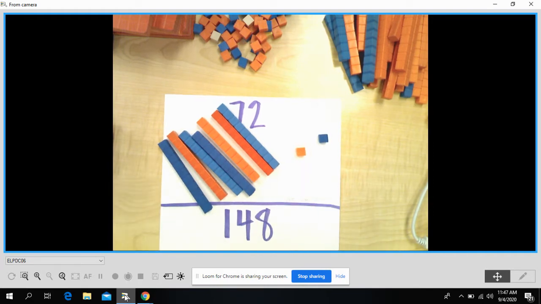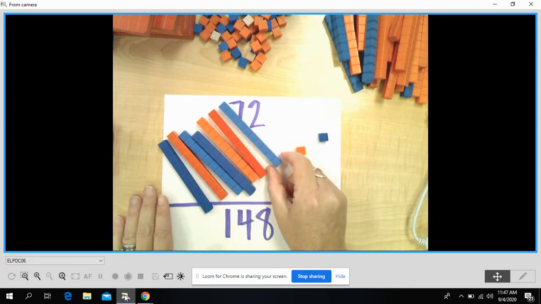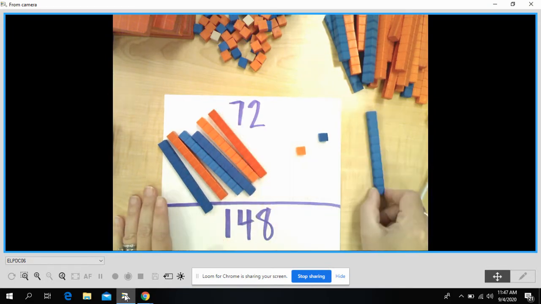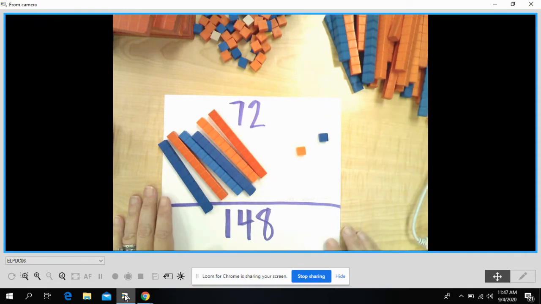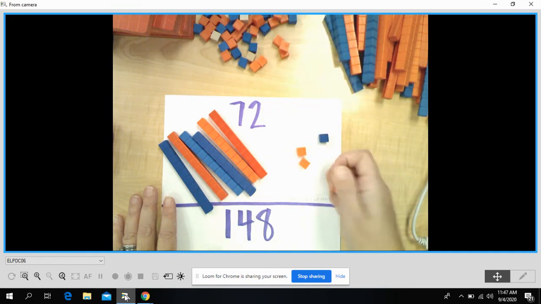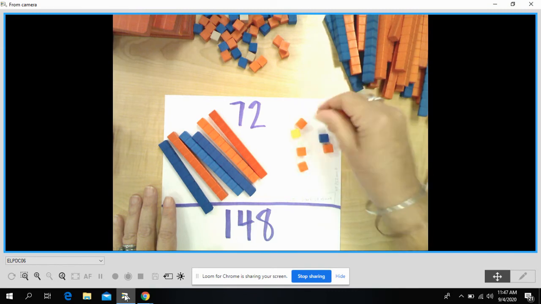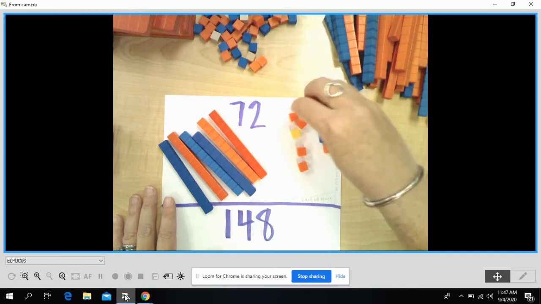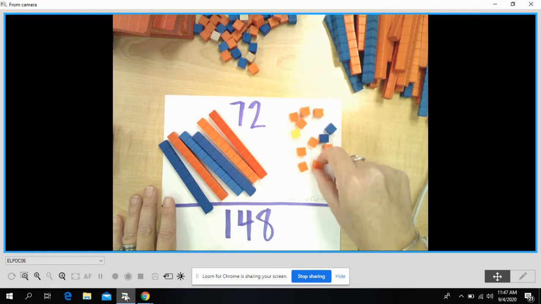But is there another way to make 72? Can we look at 72 and break it down, decompose it, make it a different way? Let's try. What about if I take 1 ten away? If I take 1 ten away, I'm going to bring in 10 ones. 1, 2, 3, 4, 5, 6, 7, 8, 9, 10.